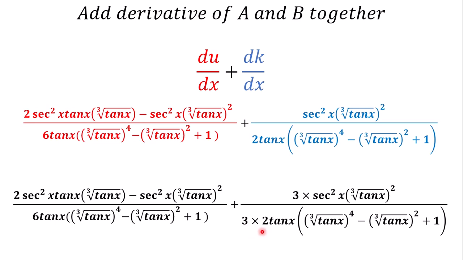Okay, so this by this is 6. This by this will give us 6. And this by this will give us 3 secant x squared times cube root of tangent x to the power 2.